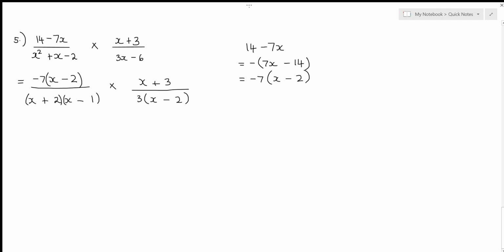And so here we are allowed to cancel our like factors, and it's x minus 2, x minus 2. And if we look further, we see that there aren't any other factors that we can cancel. So this would remain negative 7 times x plus 3 over 3, our numerical value first, x plus 2, x minus 1.